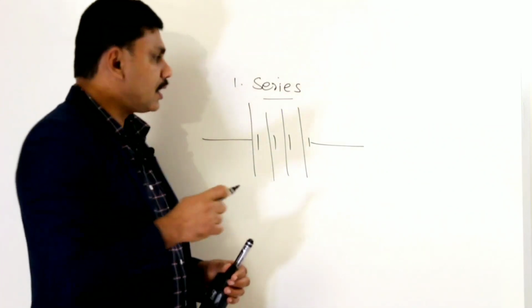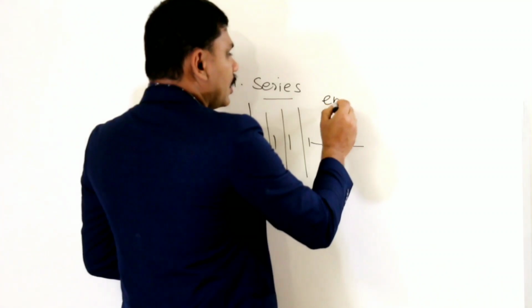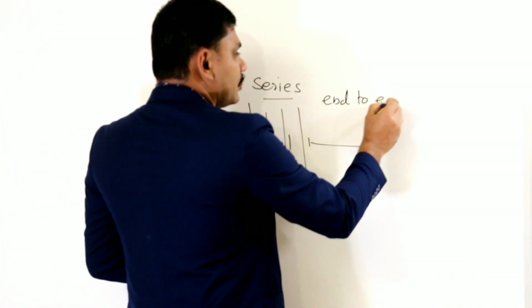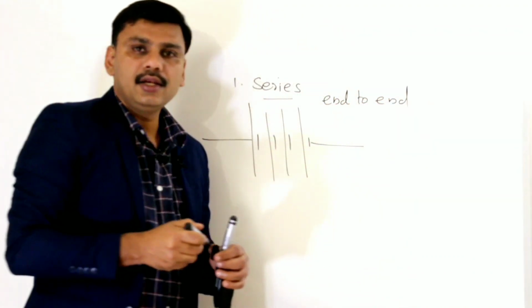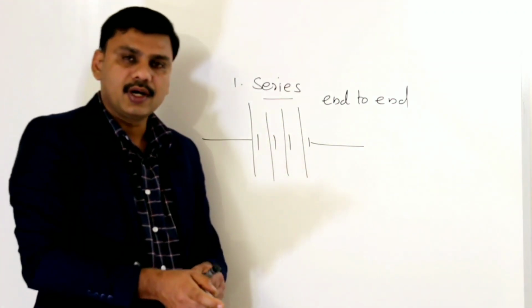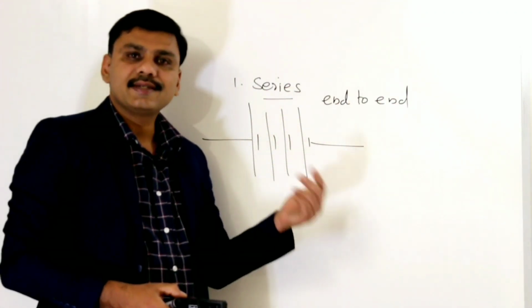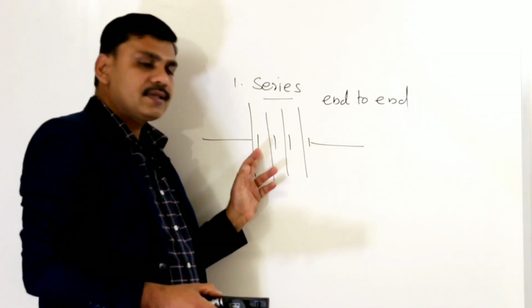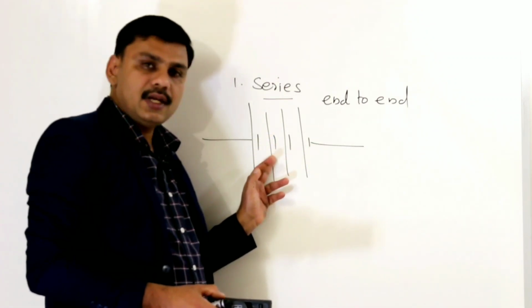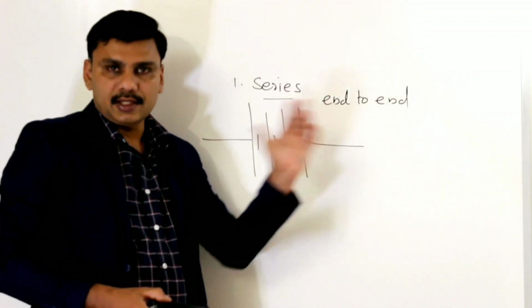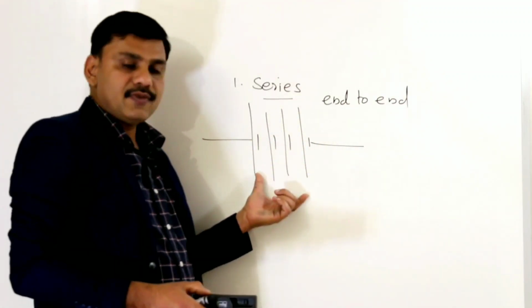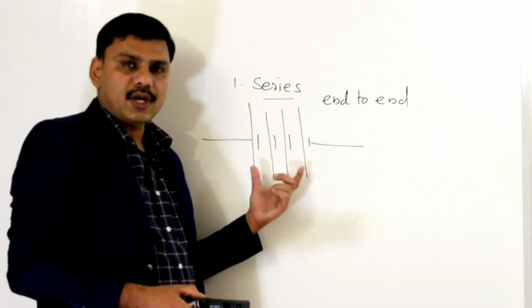What do you mean by series connection? Series connection is known as end to end connection. That means one end of a cell is connected to the other end of the cell. That means the negative of a cell is connected to the positive of the next cell.